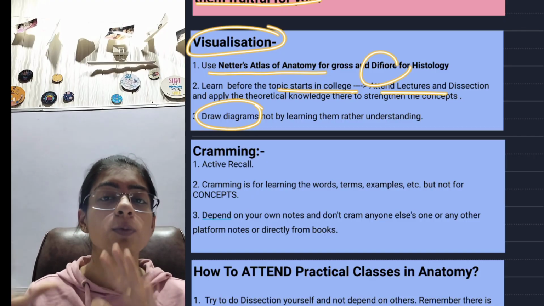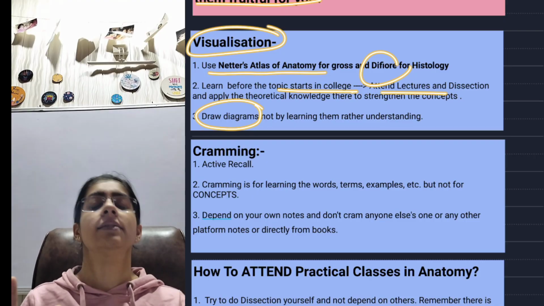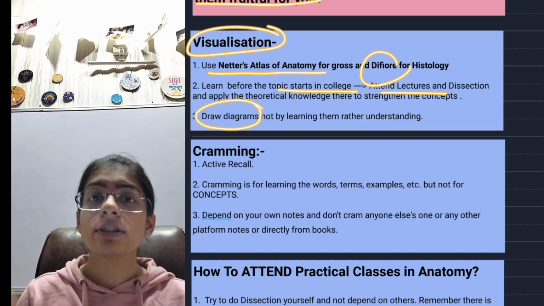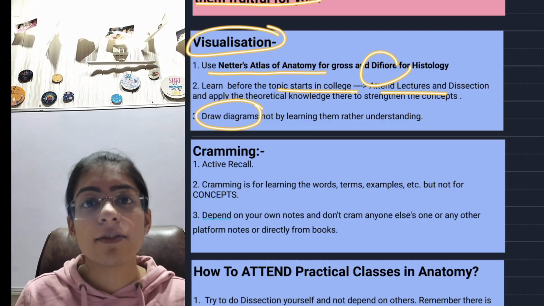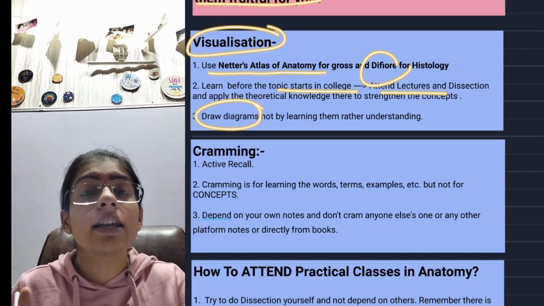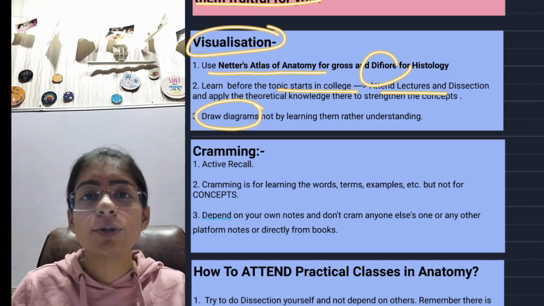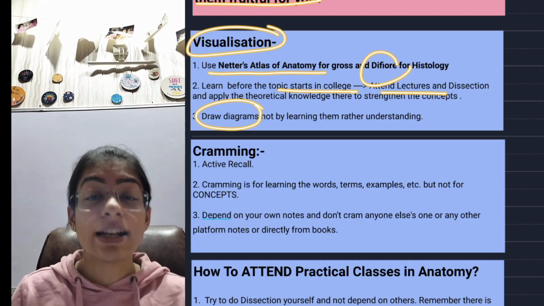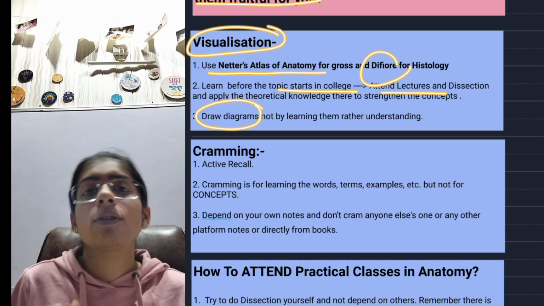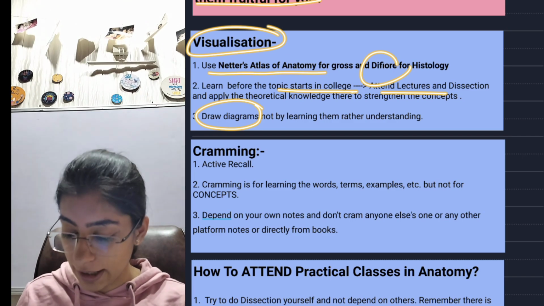I know what is where, which artery is where, which vein is where. Then draw the diagram as practice. When you draw the diagram, it is again a kind of revision. The more times you seek chances of revision, the better concepts you will build, right?